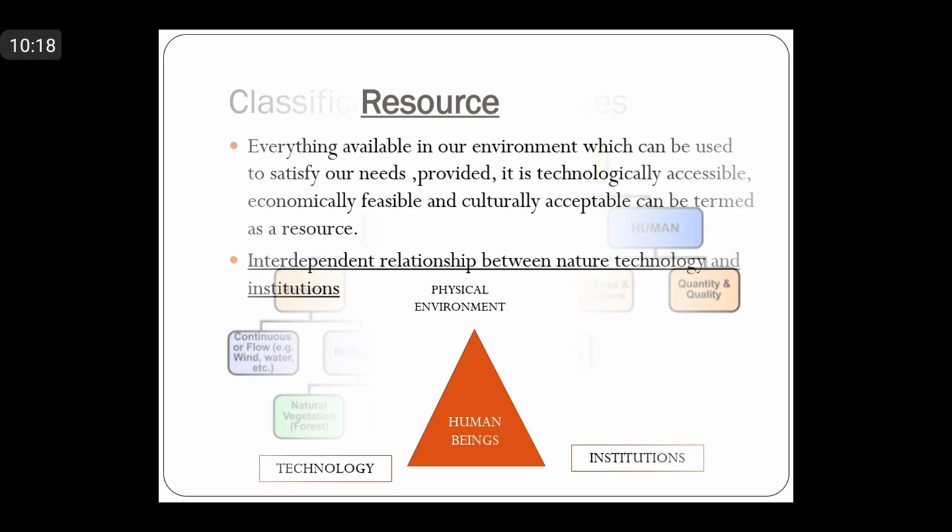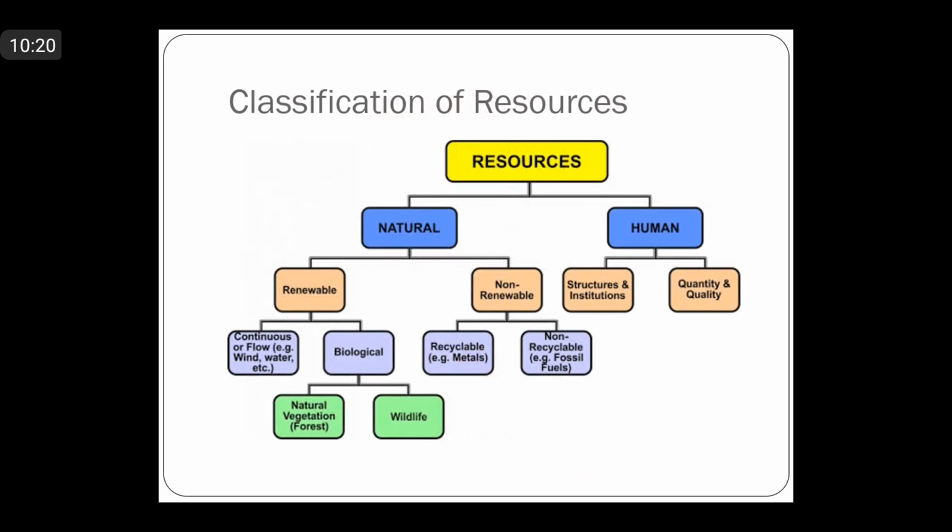Now, we will have to discuss the different types of resources, or the classification of resources. With the help of this mind map, I would like to tell you something about the classification. What is given here is that resources are classified into two broad categories, natural and human. The natural resources are categorized further into renewable and non-renewable. Renewable is further categorized into continuous and biological, and biological is further categorized into natural vegetation and wildlife.